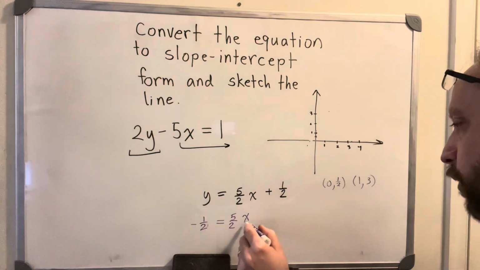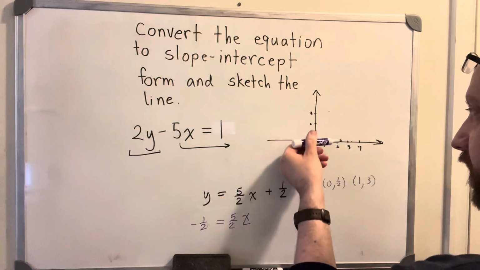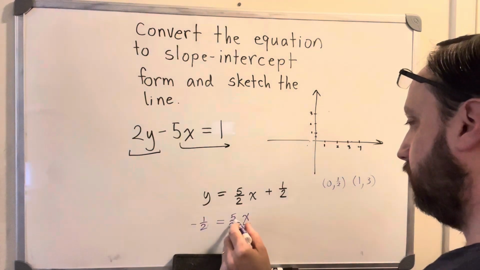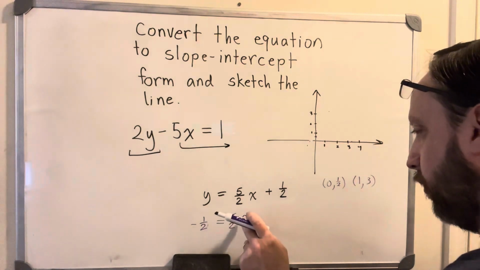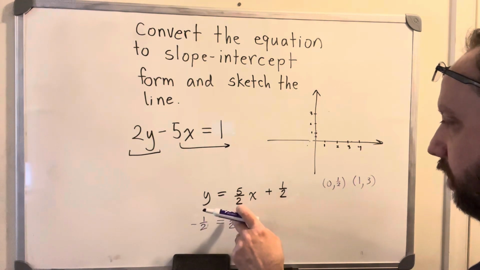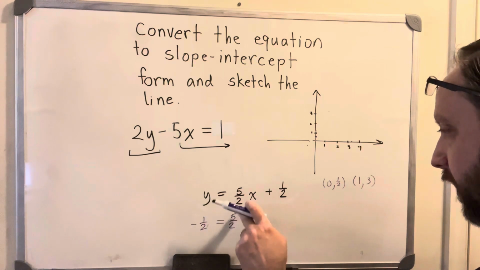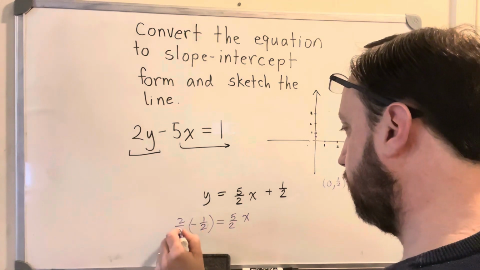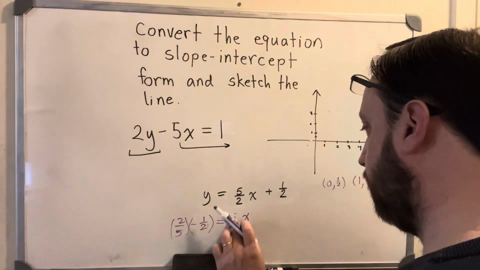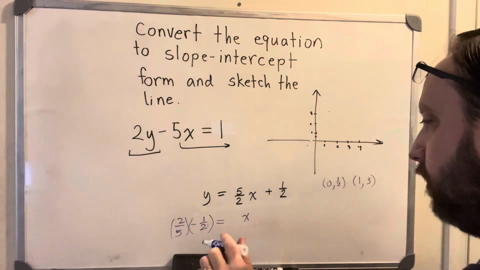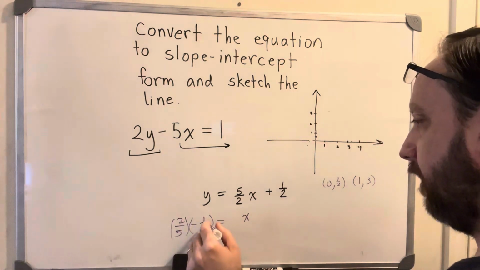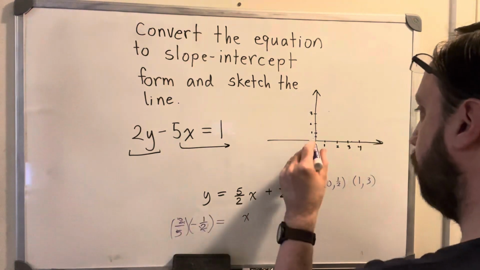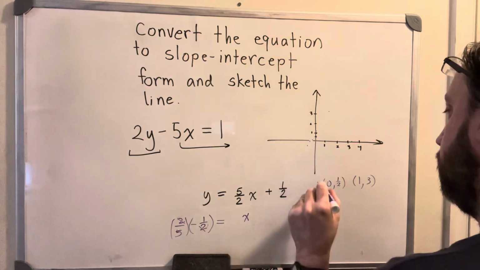And we want to find out what value of x it is crossing the x-axis. We want to get x by itself. What do we multiply 5/2 by to get just a 1 right here? 2/5, right? So negative 1/2 times 2/5 is the x value. So the 2's cancel out, so negative 1/5.